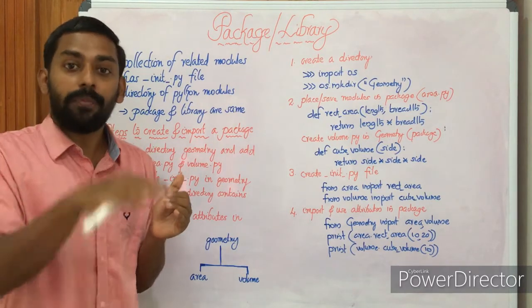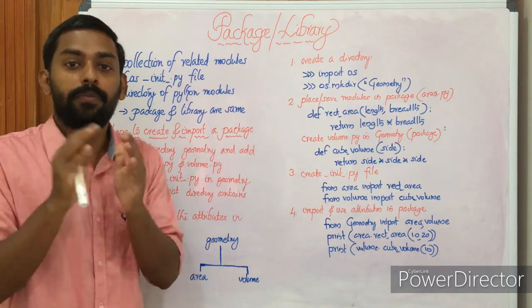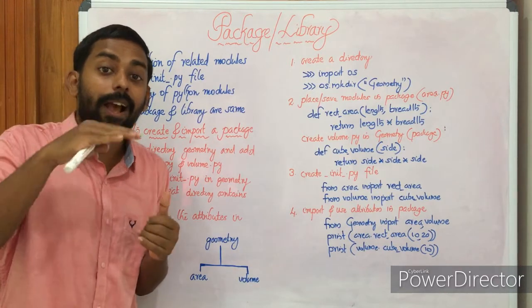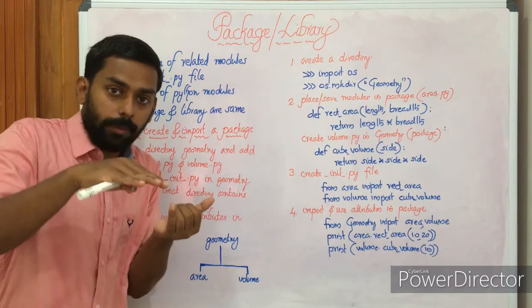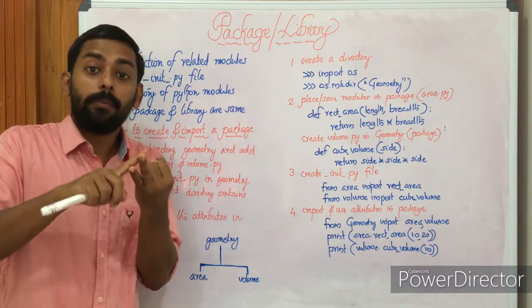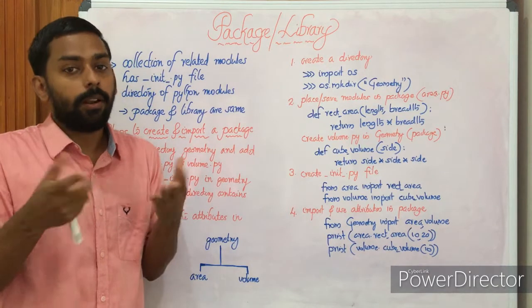We can use the terms interchangeably; technically both are the same. A function is a set of statements or instructions to complete a particular task. That is the hierarchy: at the bottom we have functions, functions form modules, and modules form a package or library.